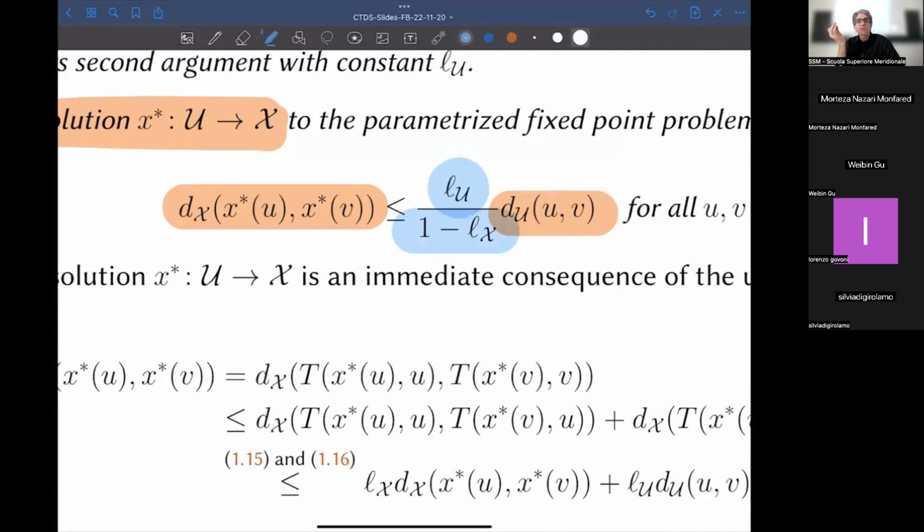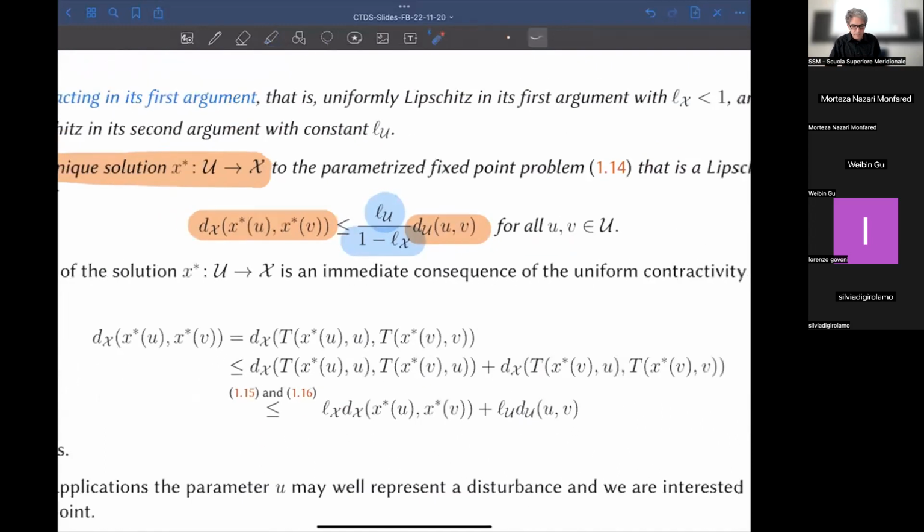So that means that small variation will be amplified. So you hope to get a contraction factor Lx which is not close to 1, say 1/2. If your contraction factor is 1/2, the size of the input will be multiplied by 2. Then again, you also have to worry, of course, about Lu.